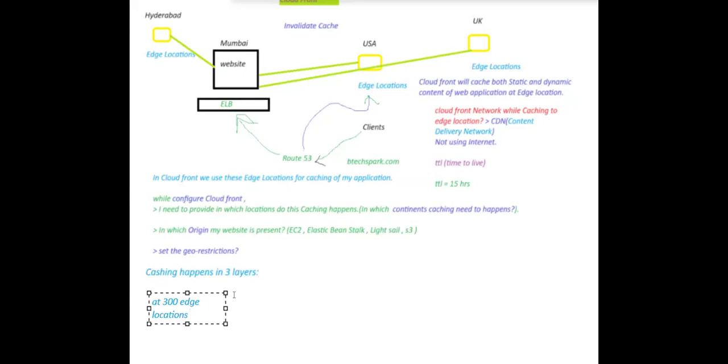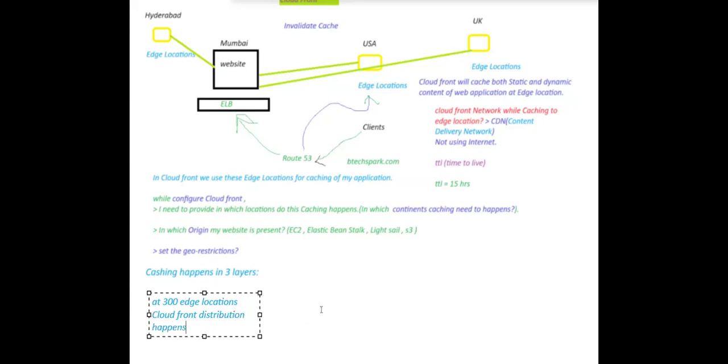CloudFront allows you to distribute your content to these 300 edge locations, or you can say CloudFront distribution happens at 300 edge locations.